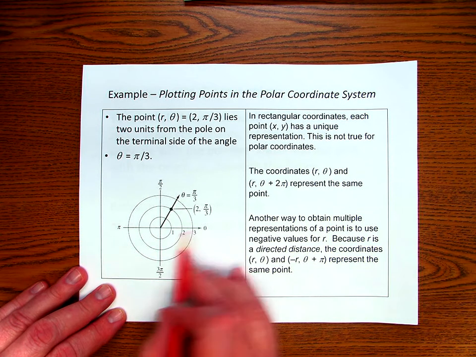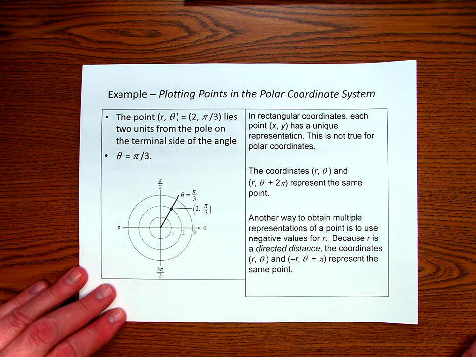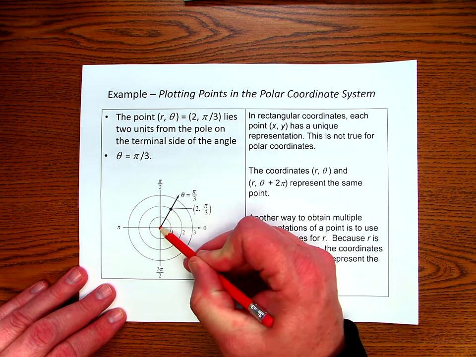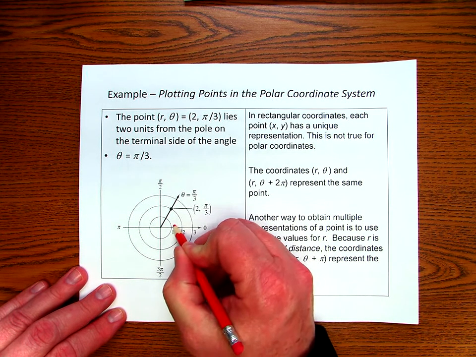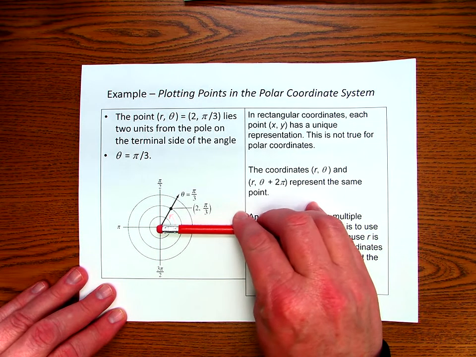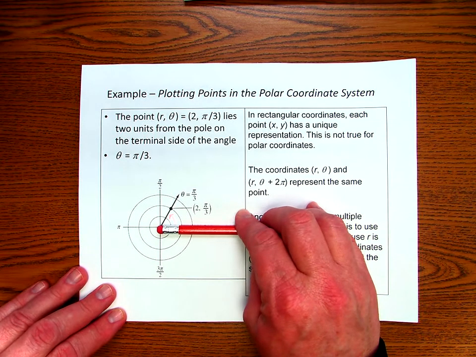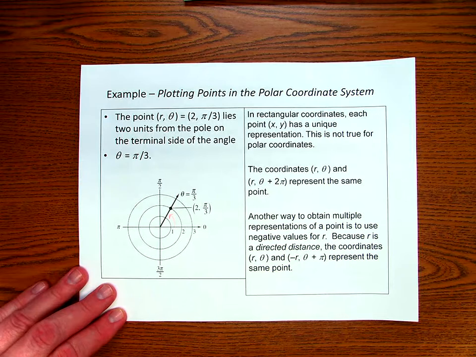So this is your typical looking blank graph for polar coordinates. The 2 refers to we're 2 units that way. The pi over 3 refers to a pi over 3 rotation from the polar axis, which was formerly known as the x-axis, up to that terminal side.